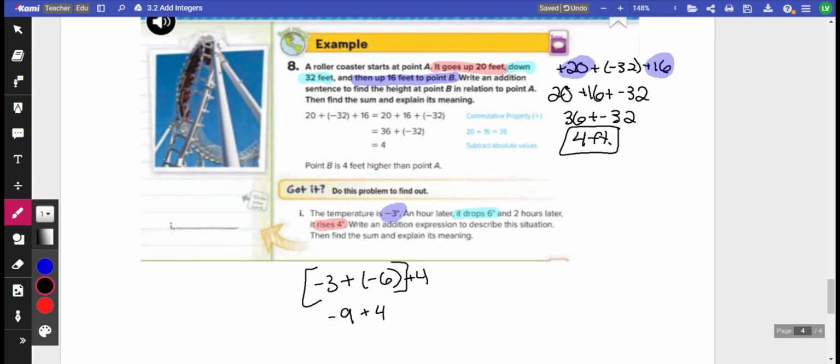Negative 9 plus 4 becomes negative 5. So now we need to explain what the meaning is. Well, the temperature is negative 5 degrees.